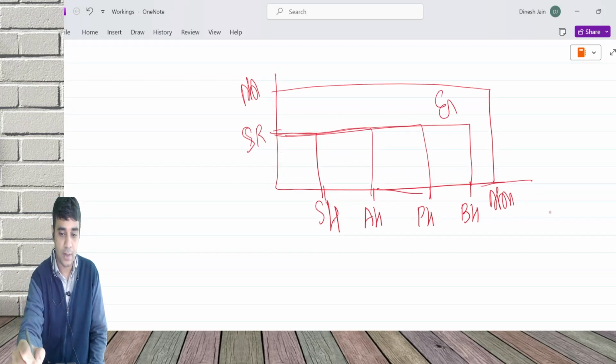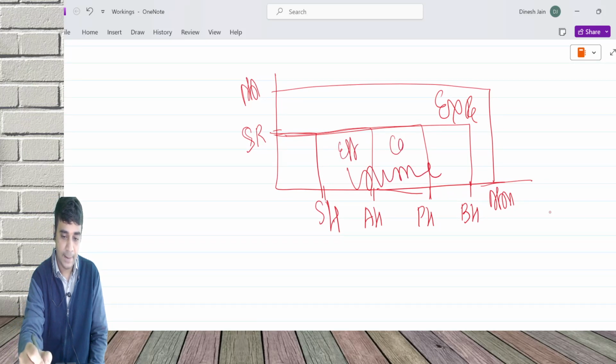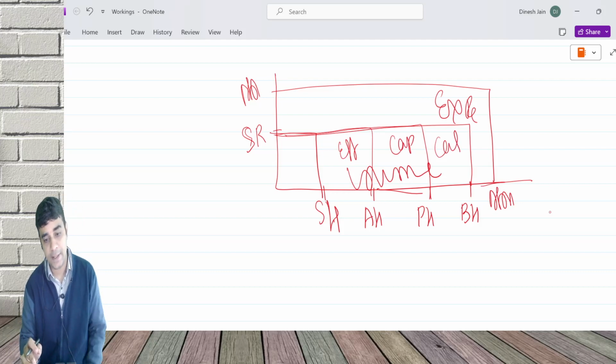The outer part is called expenditure. Together it is called volume: efficiency, capacity, and calendar.